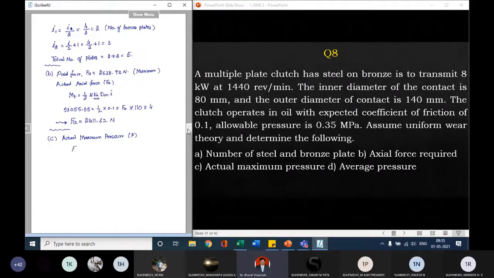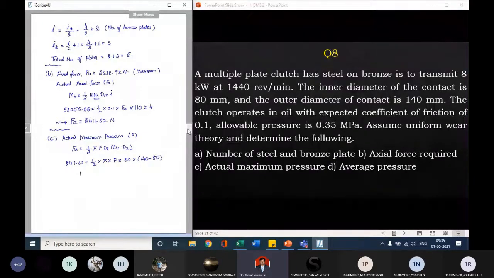Now we know that FA is equal to, we have the formula FA is equal to half pi P D1 minus D2. You have these values. Now substitute this value: 2411.62, half into pi into P, let it be P, D1 is 80 into D1 140 minus 80.